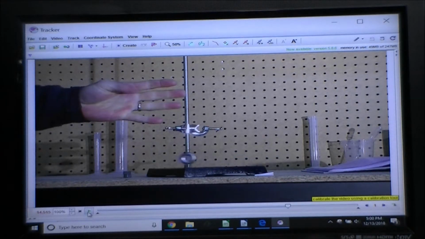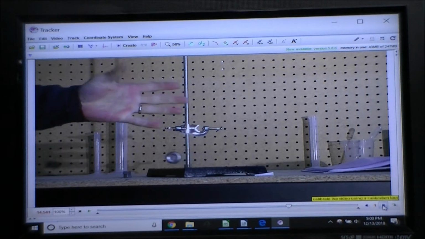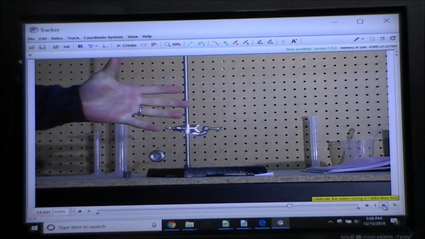Now as it gets close to the 10th swing, so now it's coming back in for the 10th swing, and that's the time that we want to get accurately. So we just move forward step by step, and we want to stop it at what seems to be the turning point. So that's the turning point right there, the 10th swing, and the time is written right here.